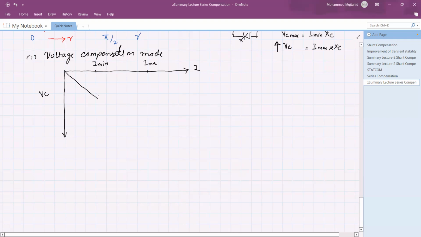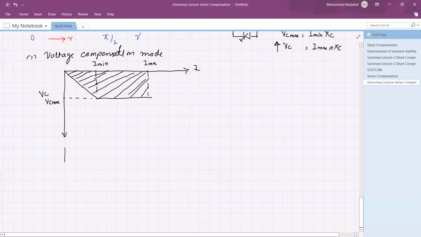When the current increases, part of the current is diverted through the JTO and the rest of the current flows through the capacitor XC in such a way that the voltage across capacitor will remain the same. So this is called VC maximum here, this is the minimum value of the current, and this is the maximum value of the current. So this is the working area of the VI characteristic.